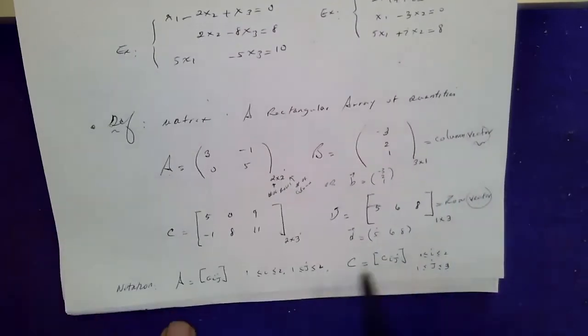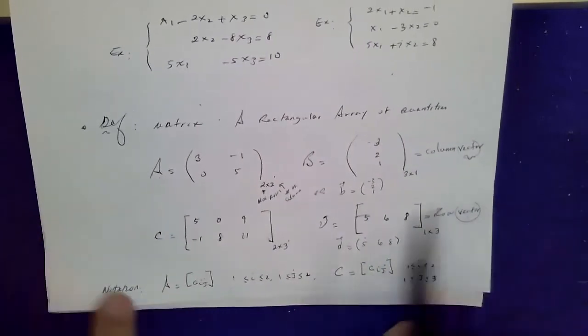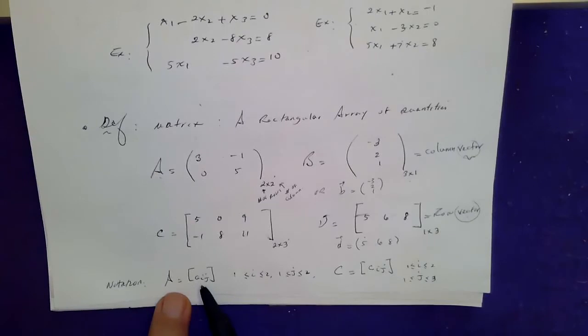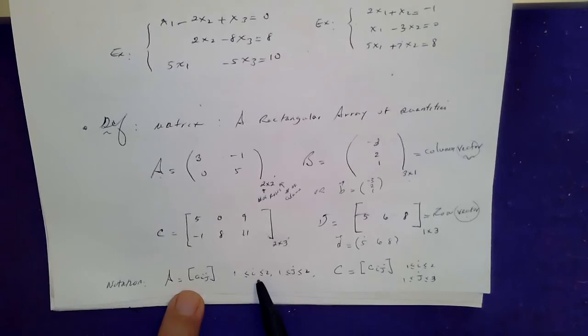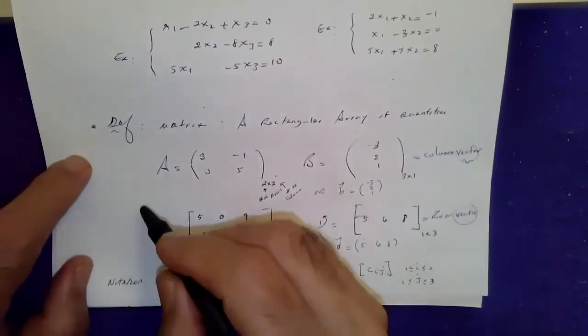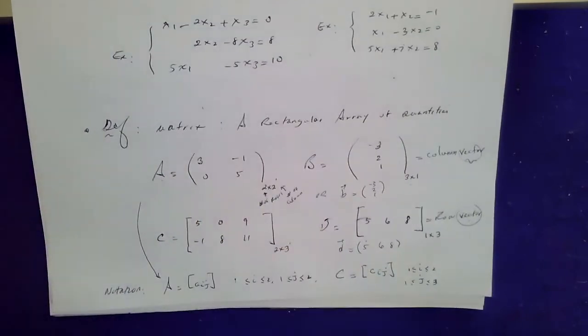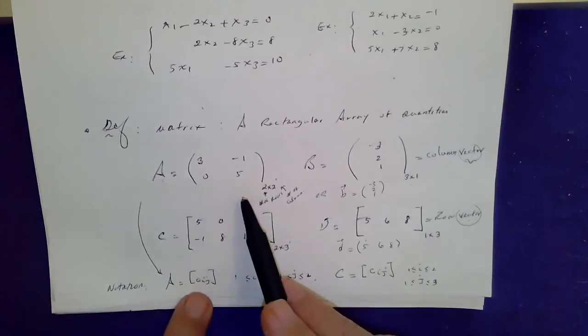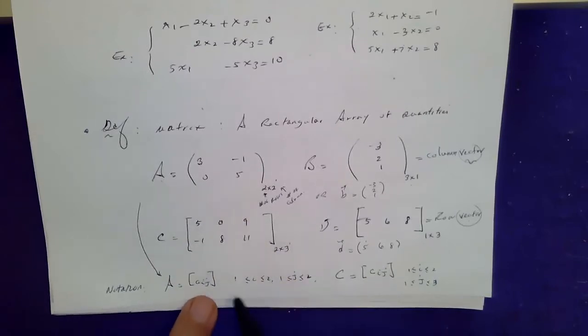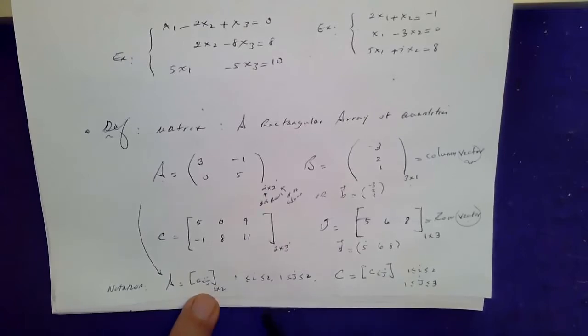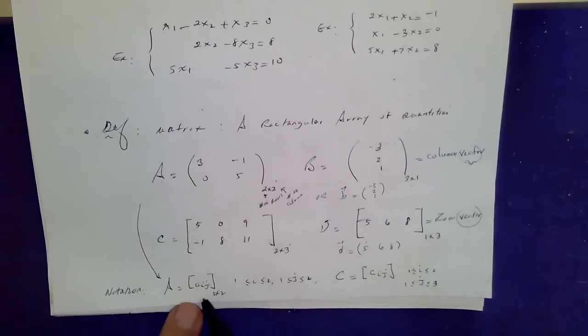In general, you can denote the elements of a matrix by a lowercase a with subscript ij. i is the number of rows, j is the number of columns. For instance, if I want to express this in general format without telling you what the elements are, I would say I have a 2 by 2 matrix with 2 rows and 2 columns, and the elements of that matrix happen to be aij.